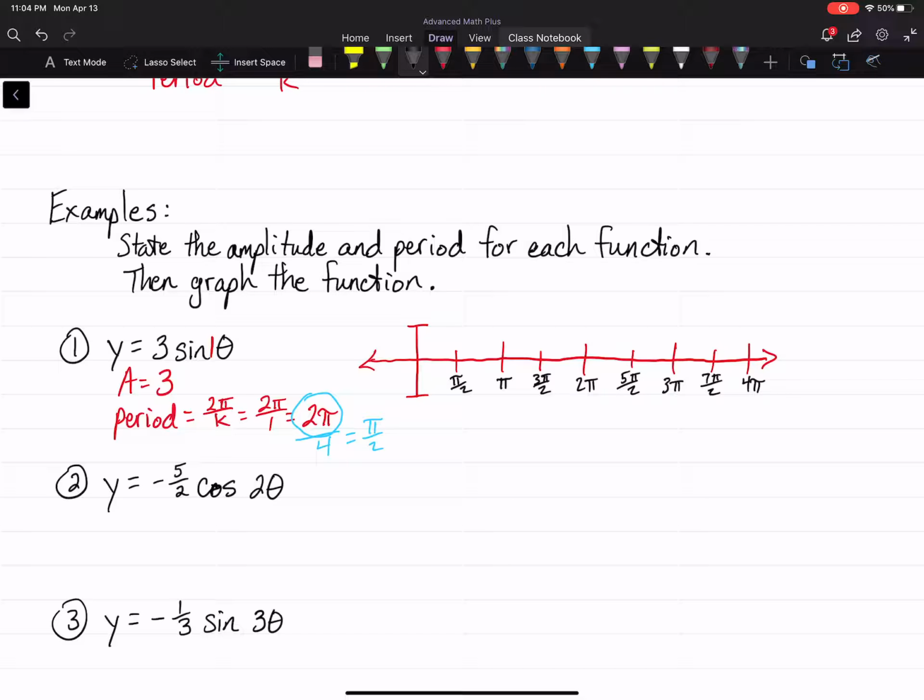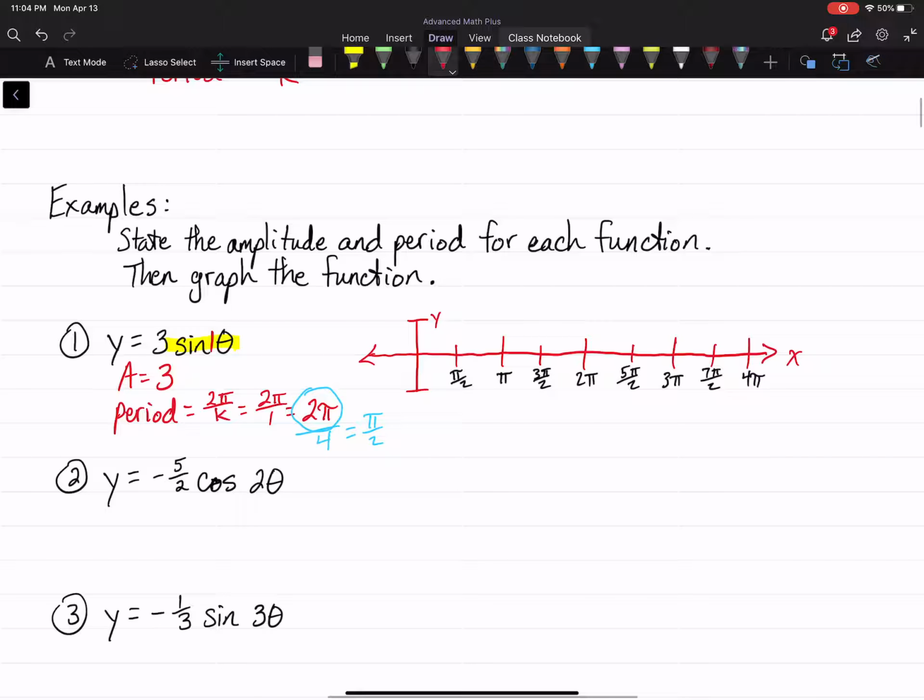And we're dealing with sine, and hopefully you remember with sine, when you're going through the pi's, it crosses the x-axis. So here's my y-axis, here's my x-axis. So here is all you do. It's going to go through at 0. Sine always starts at 0.